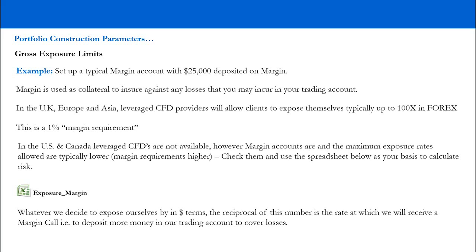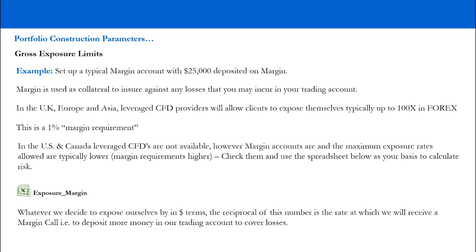In the UK, Europe, and Asia, leverage CFD providers are going to allow clients, so retail traders, to expose themselves typically up to 100 times in Forex. So what this means is that it's a 1% margin requirement. So you only have to put up 1% of the overall exposure that you can take as a maximum.